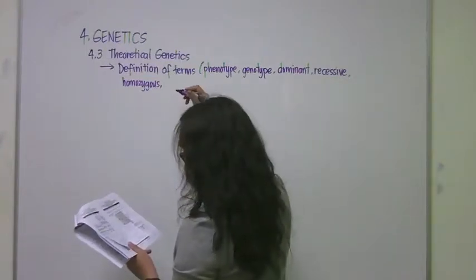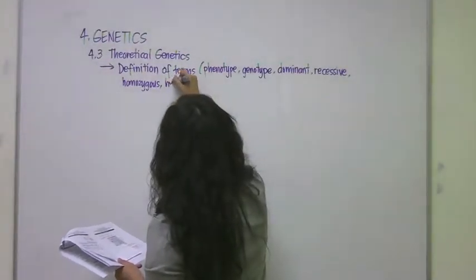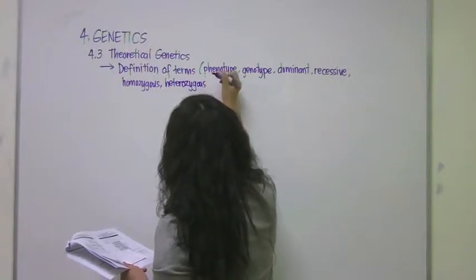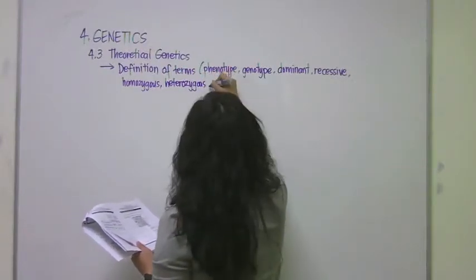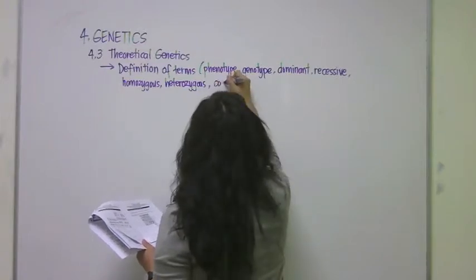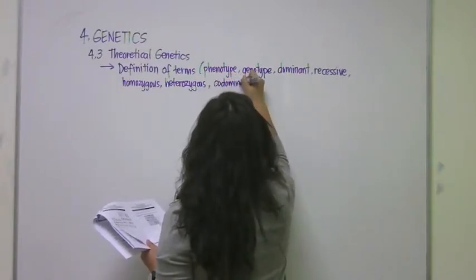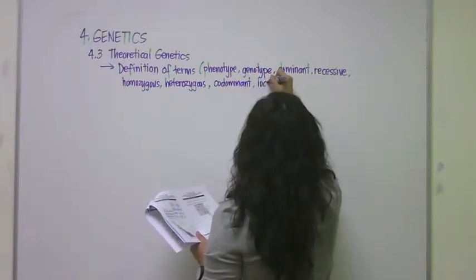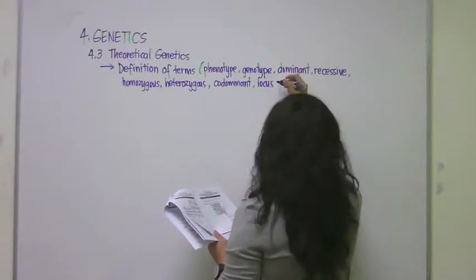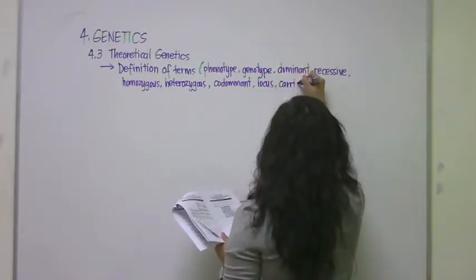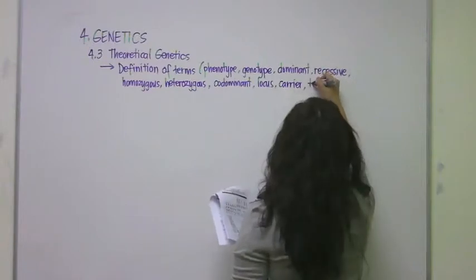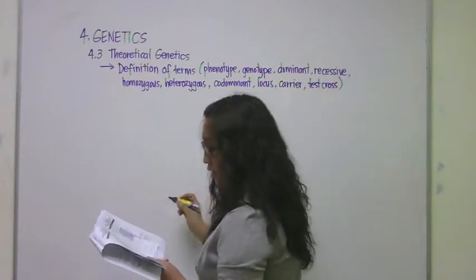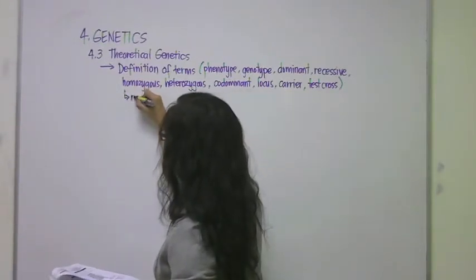Okay, so locus, carrier, and then we also have test cross. Okay, so it's good that we are able to make a representation of each.